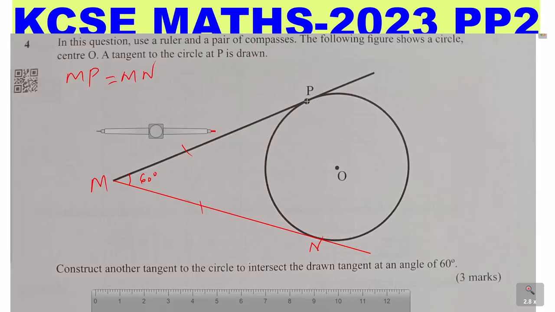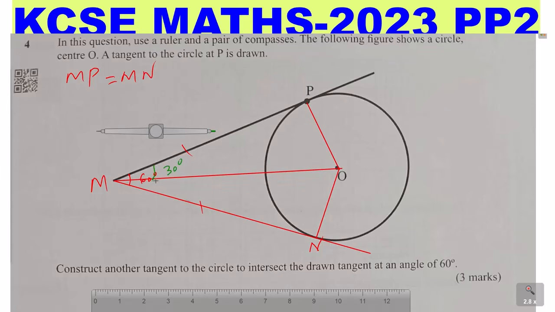Another thing, if you draw this, that's a radius, and that is the radius. If you draw another line from the vertex to the center, that line will bisect this angle into two. This is our property.